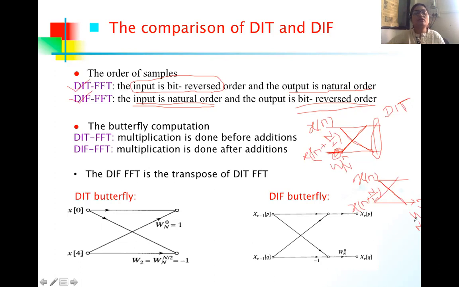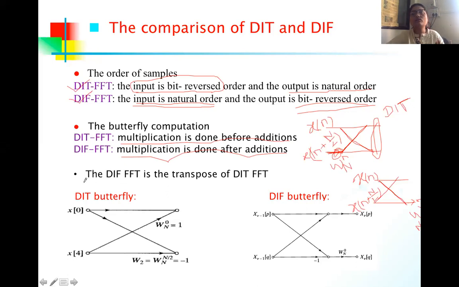So in the DIF algorithm the multiplication is done after the addition, while in the DIT algorithm the multiplication is done before the addition. That is the difference between the DIF and DIT algorithms.